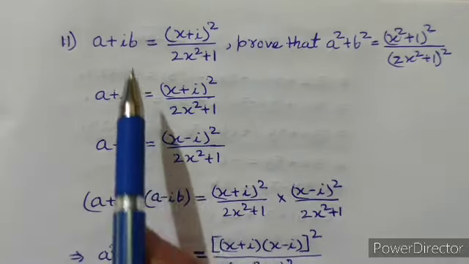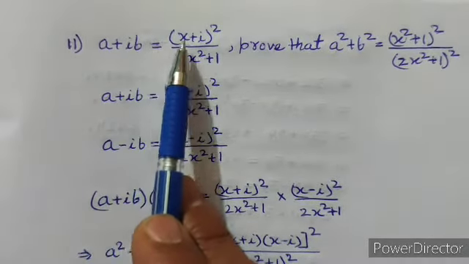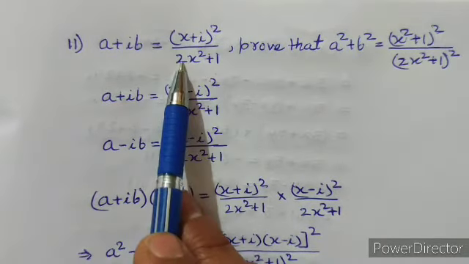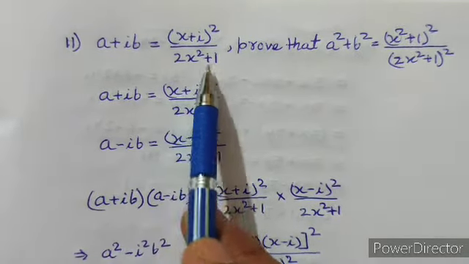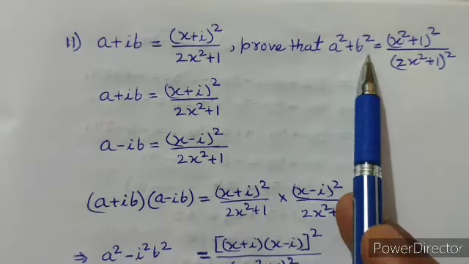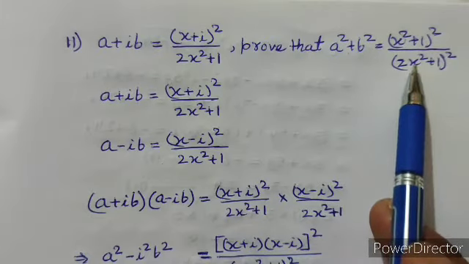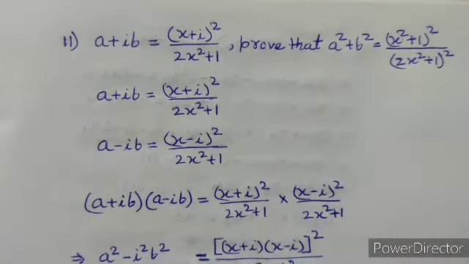Now in question number 7, a + ib is given to us as (x + i) whole square upon (2x square + 1), and we have to prove that a square + b square is equal to (x square + 1) whole square upon (2x square + 1) whole square.